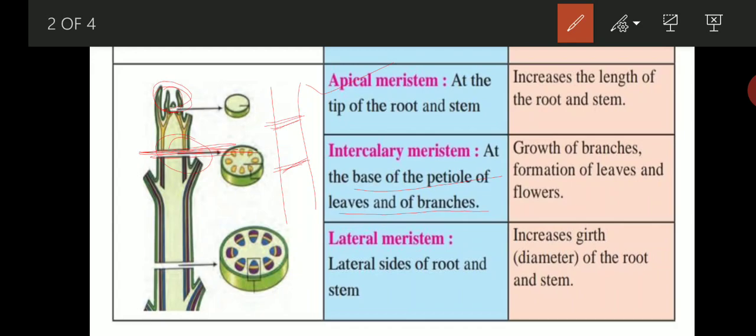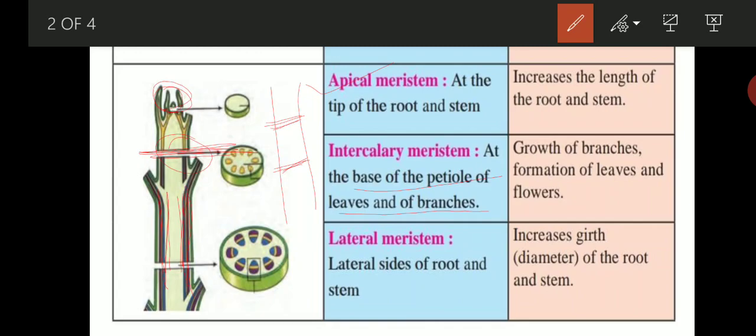Then third one is lateral meristem, which is present at the lateral sides of root and stem. On the lateral sides of this plant body, these tissues are present, and it helps in increasing the diameter or girth of that root and stem.